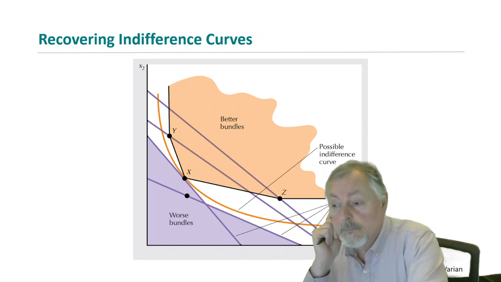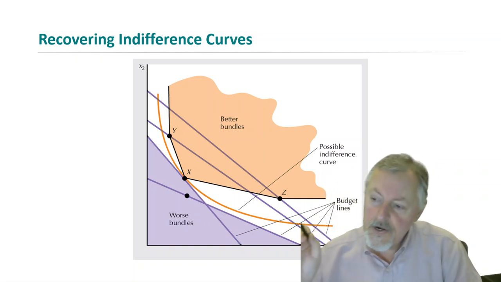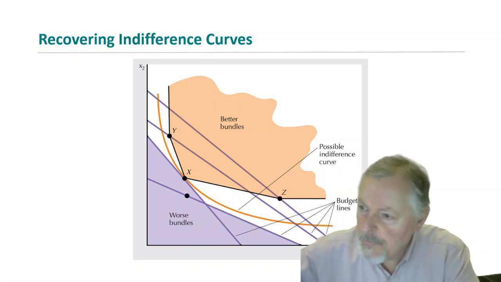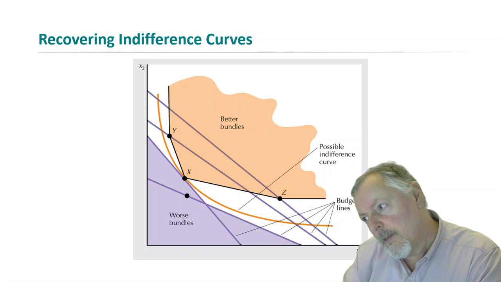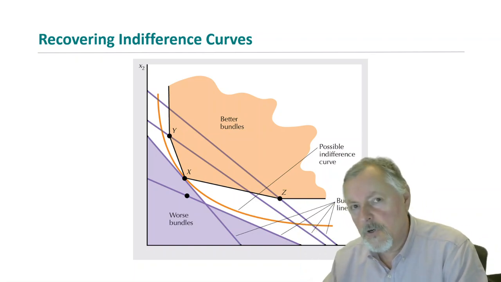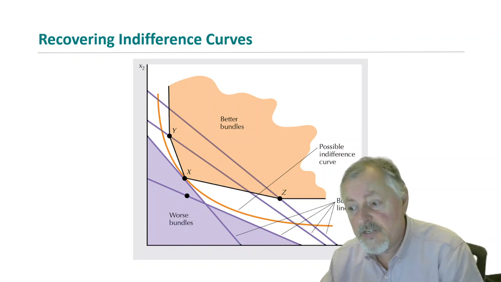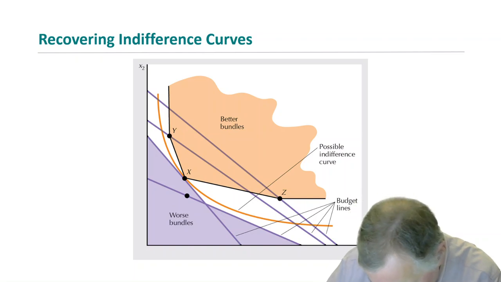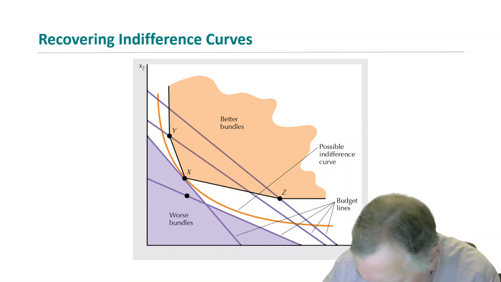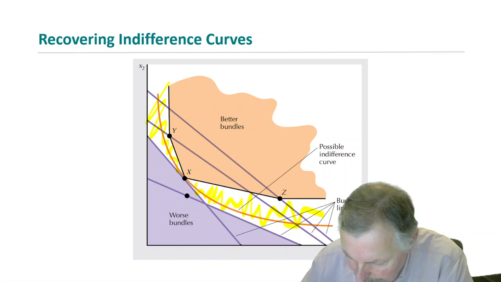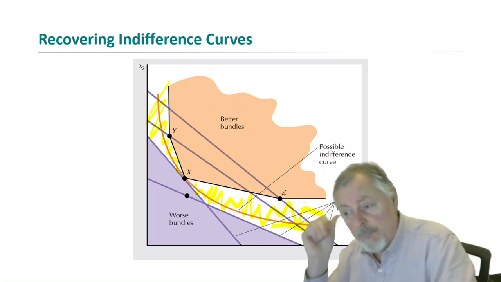Well, we know that the indifference curve for this person, because of just these choices, has to be somewhere in that area, what was white before I marked it up.